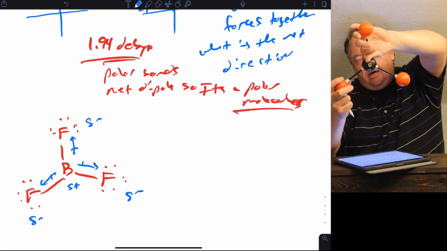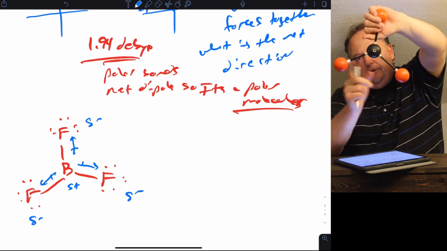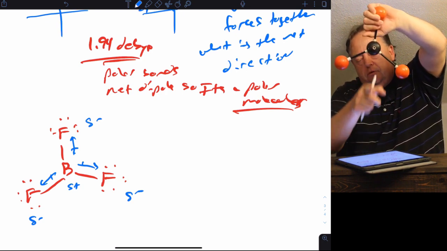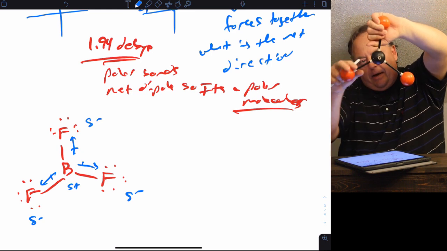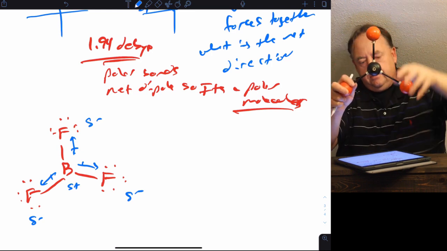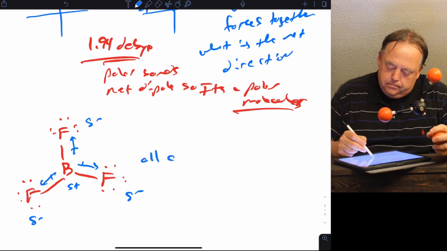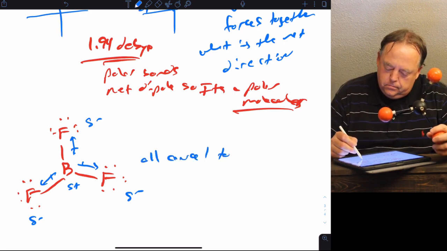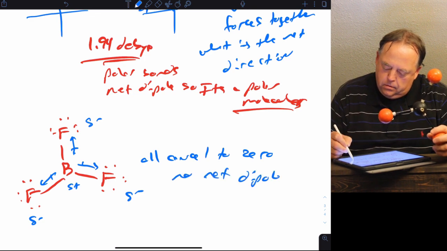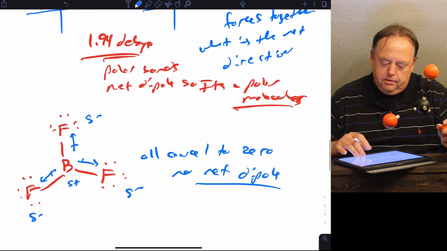If you ignore the top one for a minute and just focus on these two, they would have a net in that direction right between them, which is exactly opposite the direction of this one. So they cancel each other out, and it has no net dipole moment.